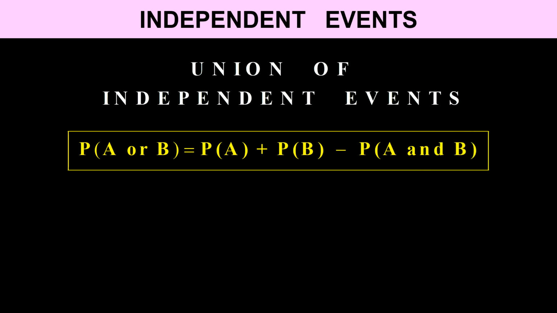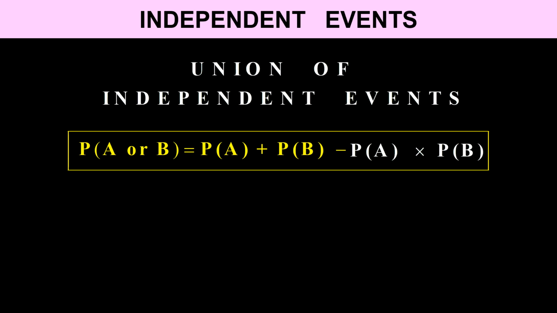Now let's look at the union of independent events. Taking the addition rule, the probability of A or B is the probability of A plus the probability of B minus the probability of the intersection of A and B. But because they're independent, the probability of A and B is actually the product of the probability of A and the probability of B, so that can be replaced.